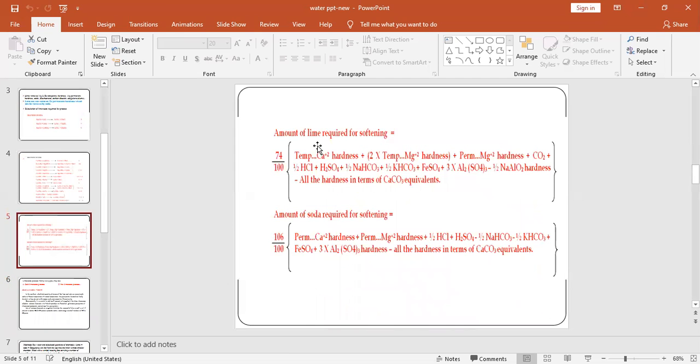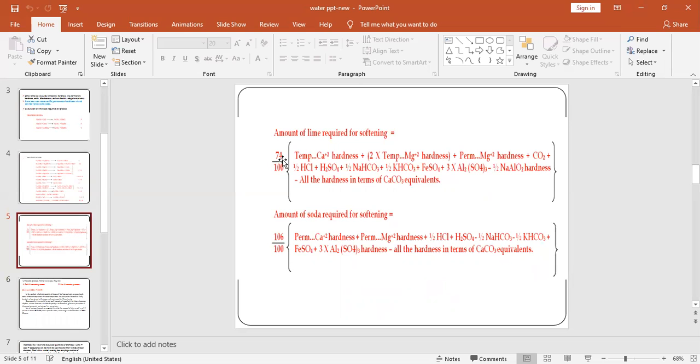So the next thing is the formula for the amount of lime required for softening. In this formula, we include the calcium salts and the magnesium salts removed by lime.